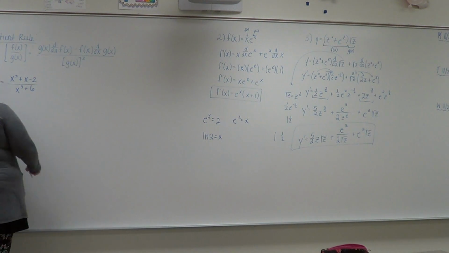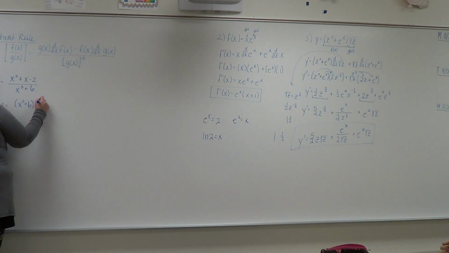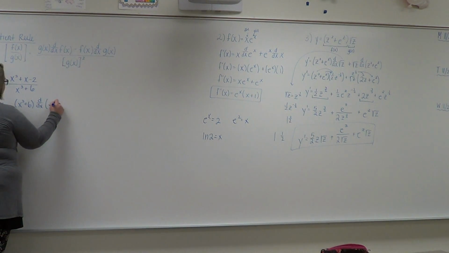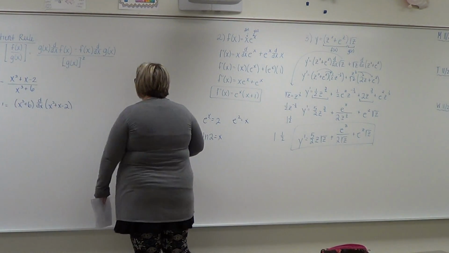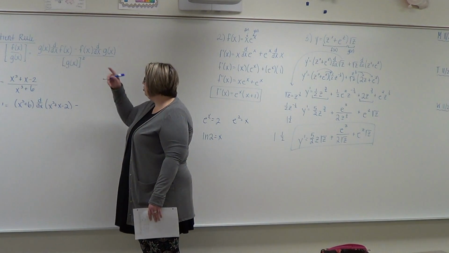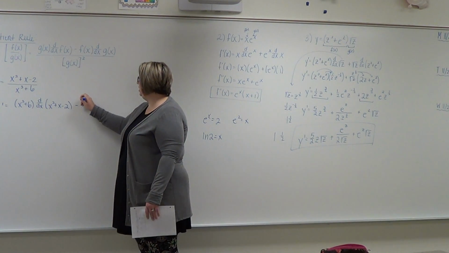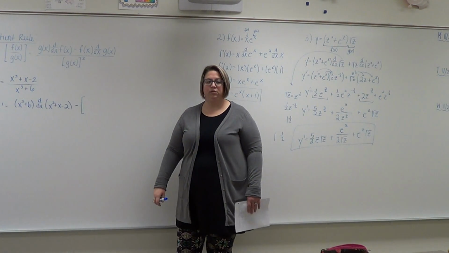If I want to find the derivative of this, this would be g of x. My g of x is your denominator, so x cubed plus 6, and we're going to multiply that by the derivative of x squared plus x minus 2. Keep in mind when you're subtracting, you might want to put brackets around it so that you remember.